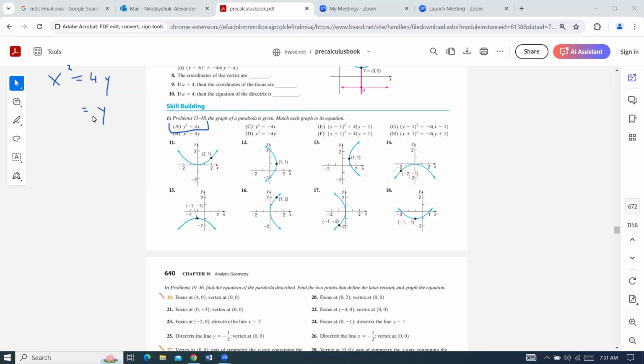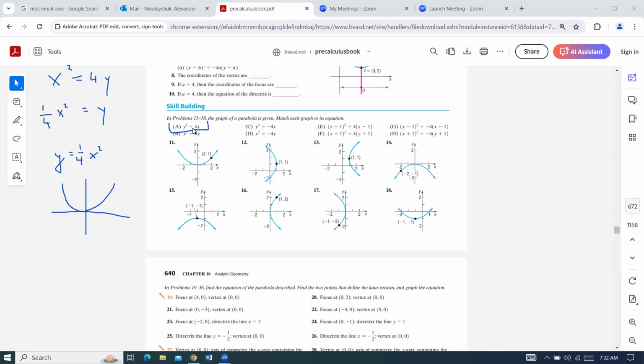If I isolate unknown y here, so I put a quarter multiplied by x squared, like that. So y is equal to 1/4 x squared means we had a parabola that is wider, right? And opens upwards somehow like that.